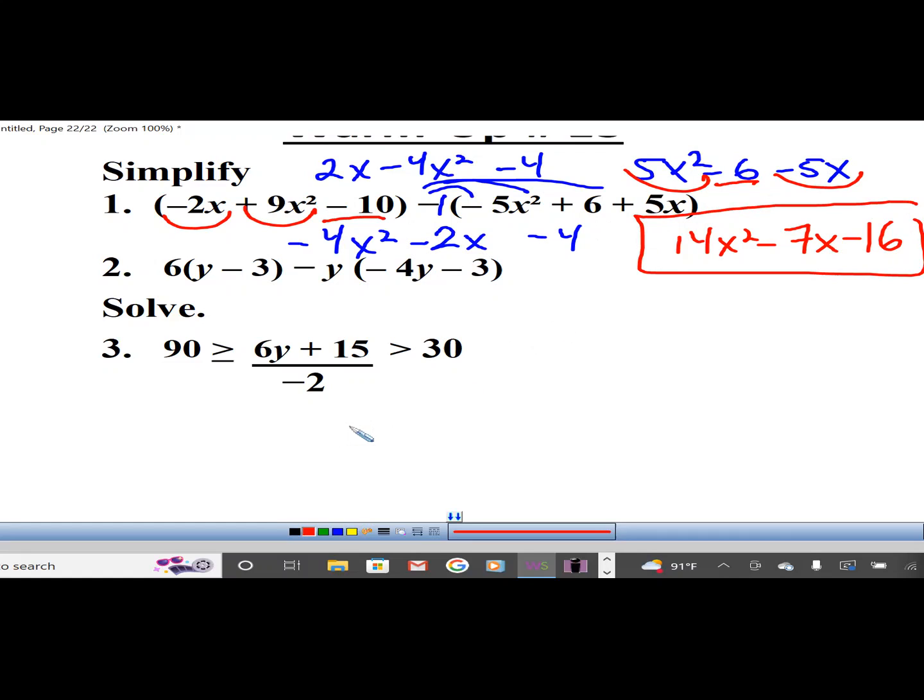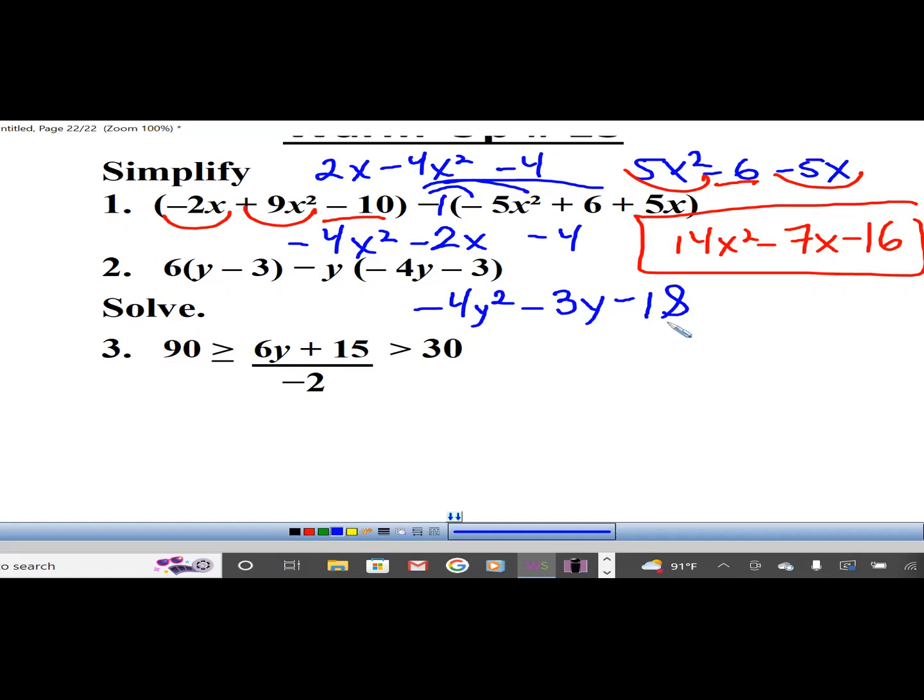Let's go to number 2. Pass someone, Joel. Diego Rosas, what did you get? Standard form, please. Y to the second. Minus 15, 18. Close.